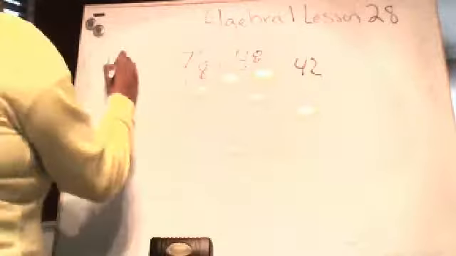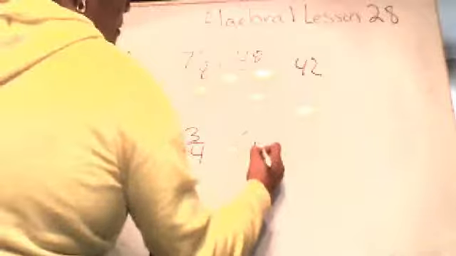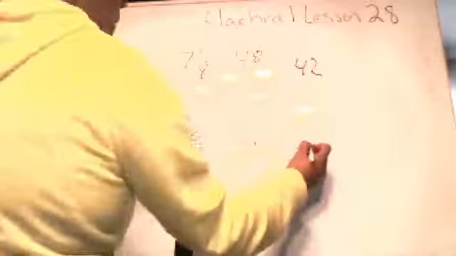This is example 28.1. 3/4 of what number is 69? We're going to use WN for what number and WF for what fraction. So 3/4 is your fraction of what number equals 69.